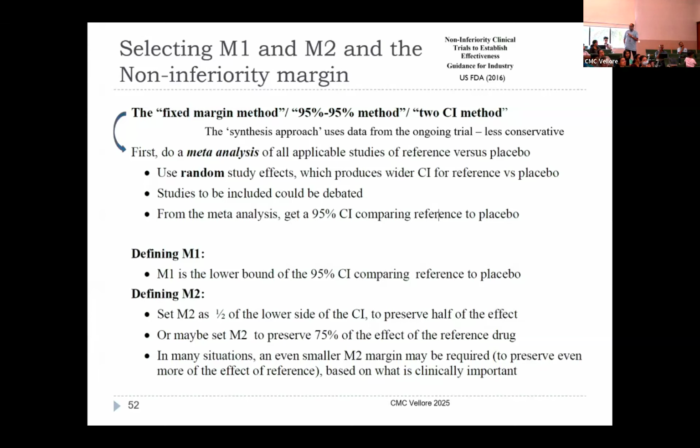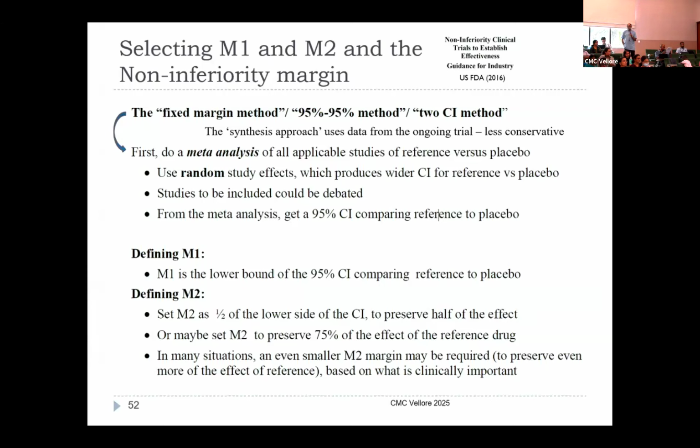Random effects meta-analysis give you wider confidence intervals. So it's a penalty that you're paying because they want you to use random study effects. But that'll become clear later. But once you have M1 as the lower bound of that, now you take M2 as based on the M1, either half of it or 75% of it. Or they may even say even smaller.